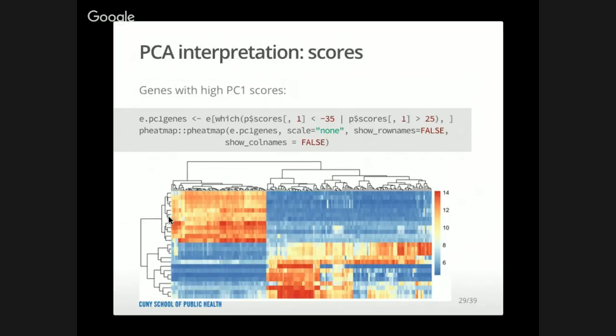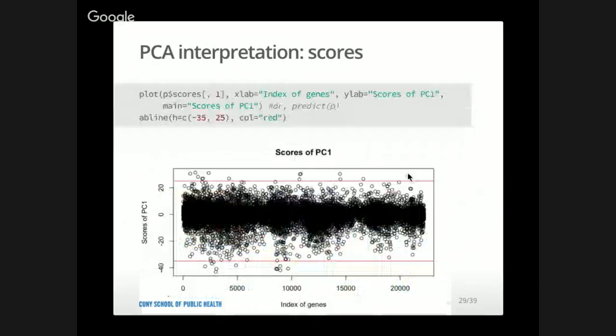We have these two blocks that are highly correlated within a block and anti-correlated across the two blocks. We can recognize those together. These are going to be correlated to each other and anti-correlated to these genes.